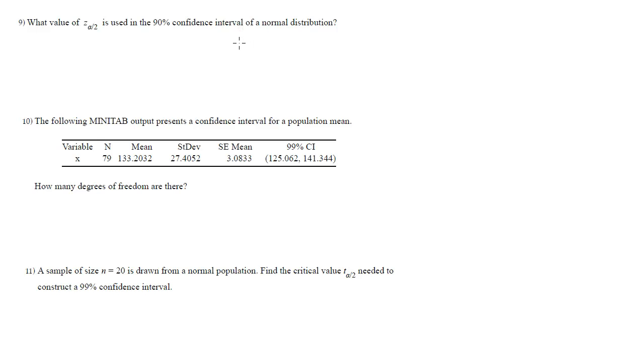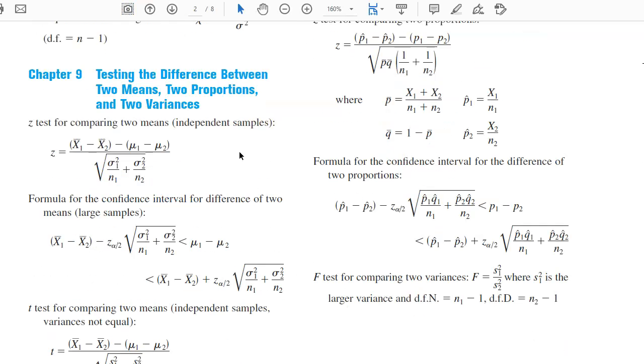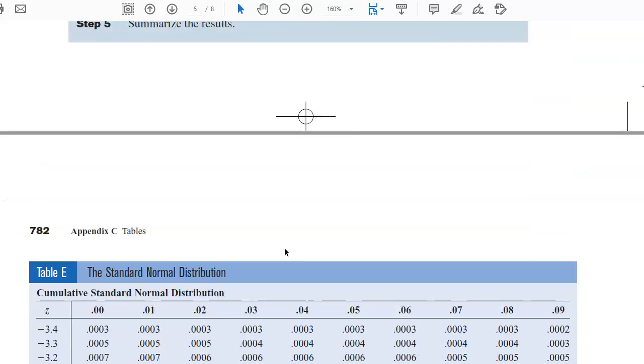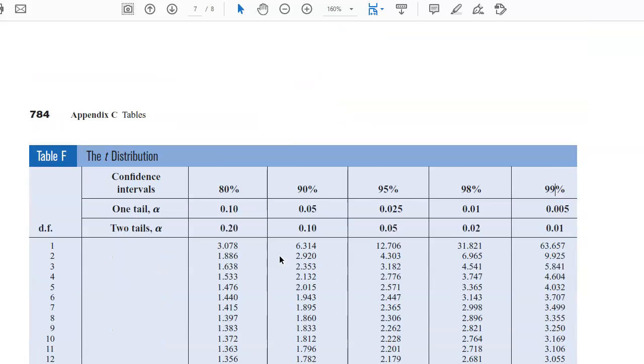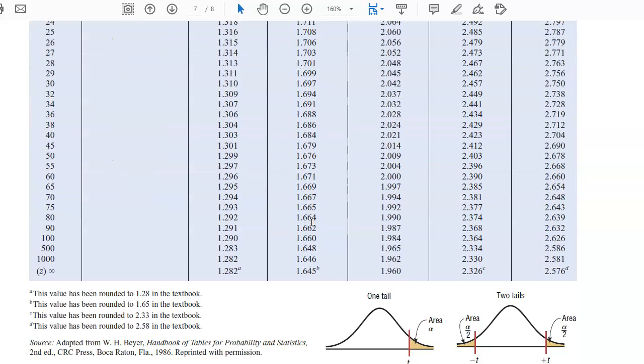Now we can go right to that t-distribution table for that. If we're trying to find the z alpha over 2 value used for our confidence interval, I can go right to that z distribution. That t distribution, sorry. 90% confidence interval, and I just go all the way to the bottom.